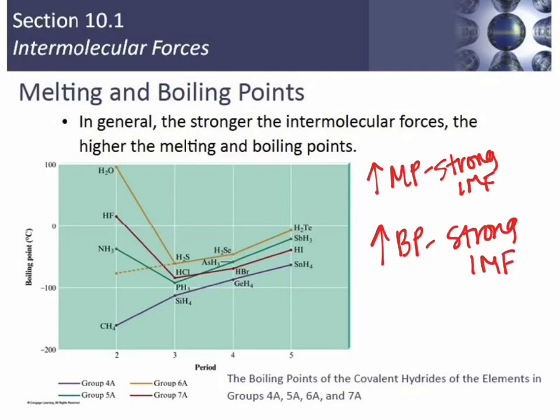Okay, so take a look here. CH4. We all agree CH4 looks like this, right? What type of molecule is it? Polar, nonpolar? It is a nonpolar molecule. And then if you go up here to water, and water looks like this, what type of molecule is water? Polar.